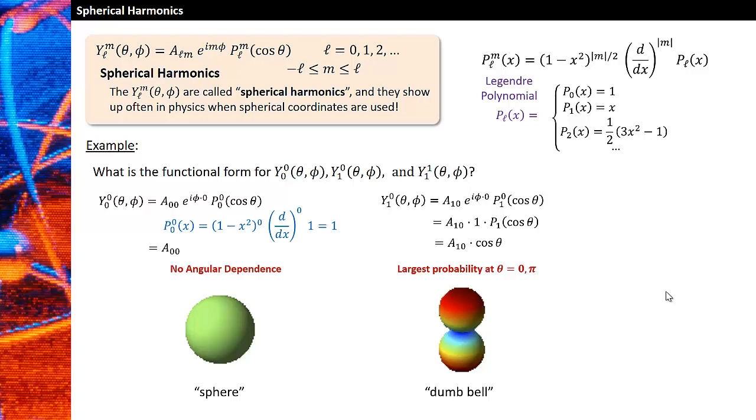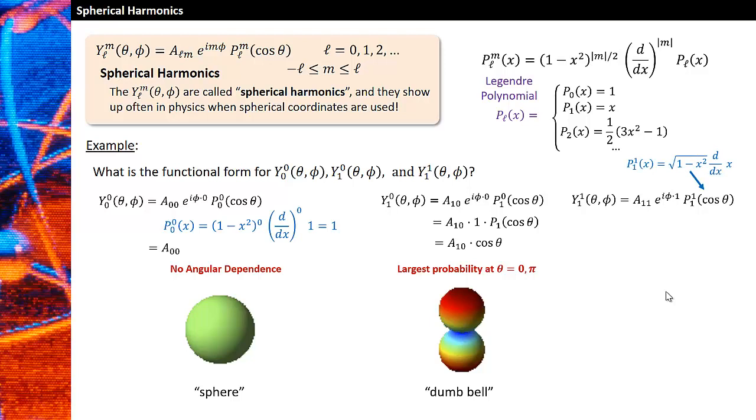Okay, finally, let's do Y11. So Y11 is A11. Again, some constant, e to the i phi. So now we actually get a phi dependence here because m is equal to 1. And then P11 of cosine theta. So P11 is actually a non-trivial associated Legendre function. So we really do have to calculate this.